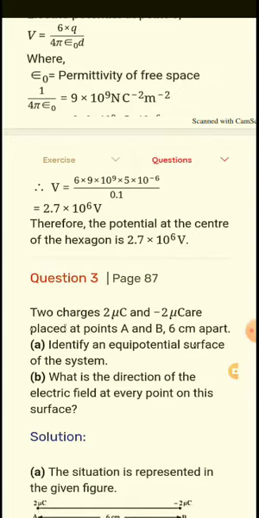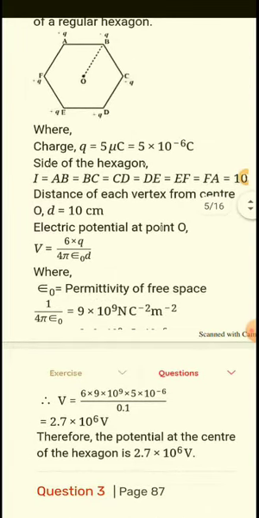So the final answer we got is V is equal to 2.7 into 10 to the power of 6 volts. Therefore the potential at the center of the hexagon is 2.7 into 10 to the power of 6 volts. So what we did is, for a hexagon, the side is given as 10 centimeter and the charge Q is equal to 5 microcoulomb.